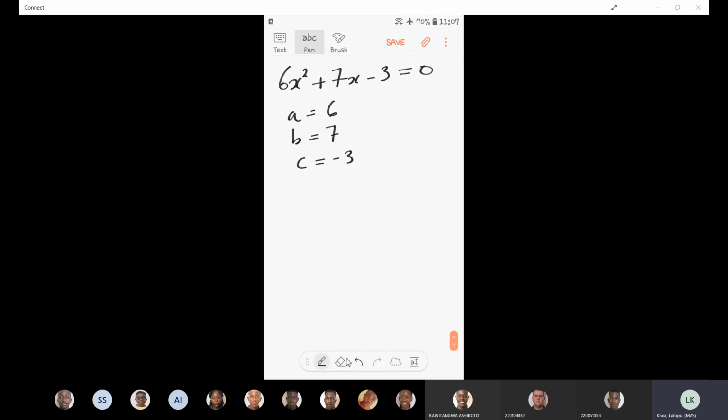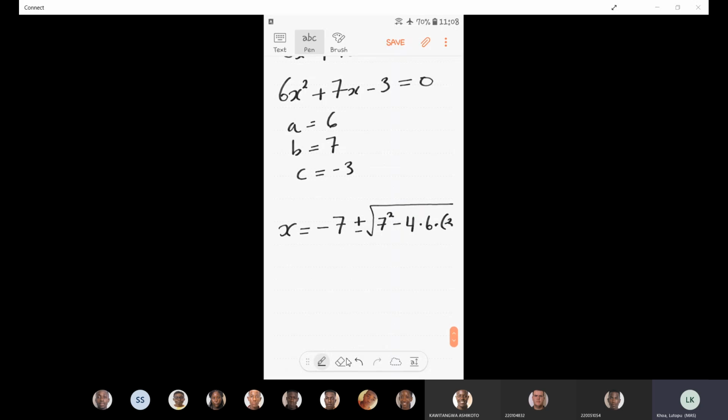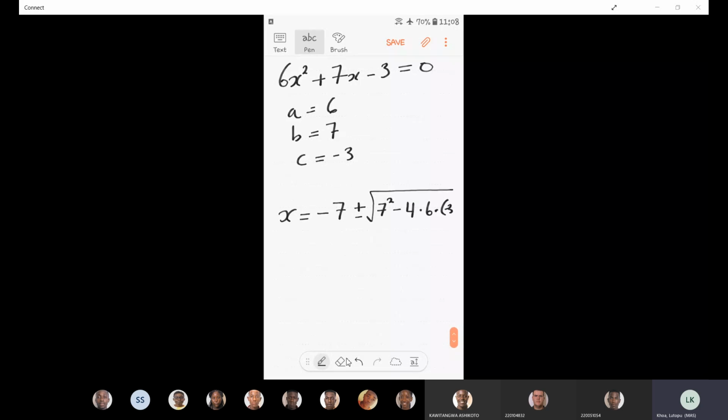Then we will substitute this into our formula. We know that x is equal to negative b, so that means negative of b, which is just negative 7. Then I have plus or minus the square root of b squared, which is 7 squared, minus 4 times a, which is 6, times c, which is negative 3. Okay, you can close your bracket, and then I divide this by 2 times a.